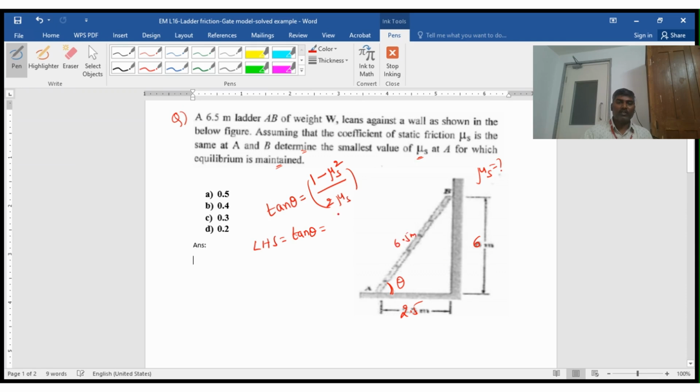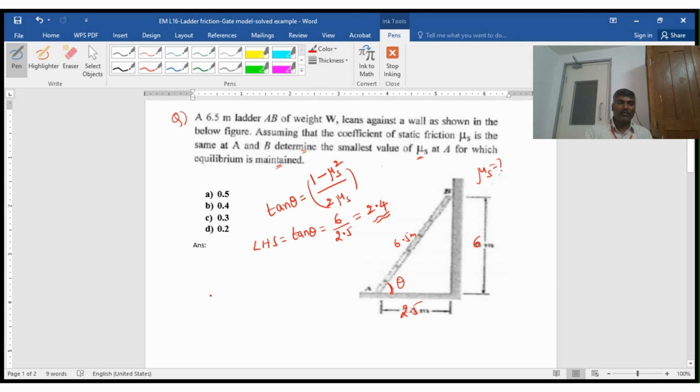So opposite side by adjacent, 6 by 2.5, works out to 2.4. Whichever option, when substituted in the right hand side, matches this left hand side is going to be your answer. So just verify one by one.